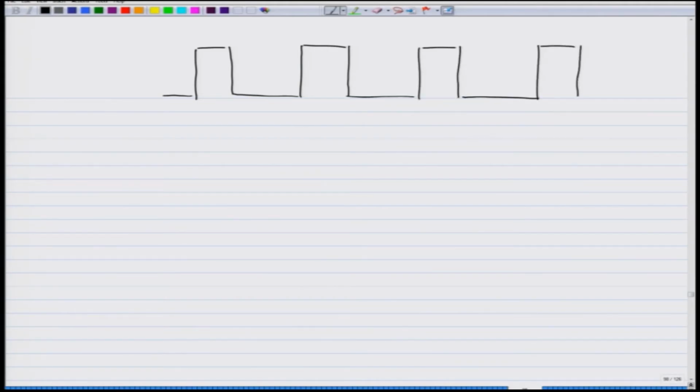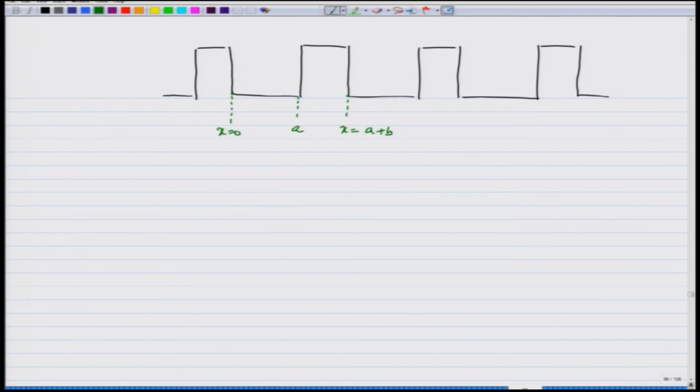So, what I have now is I will again make this picture of this potential. x equals 0 here, x equals a plus b, this is a.